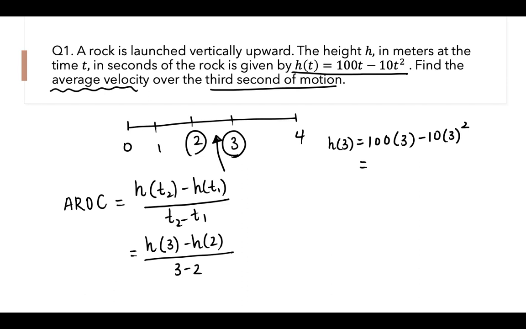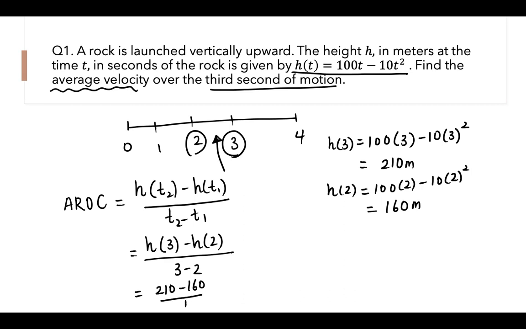When you simplify, it will give you 210 meters. The height at 2 seconds will be 100 times 2 minus 10 times 2 squared, and that will give me 160 meters. So it's going to be 210 minus 160 over 1, which in turn is 50. Don't forget the unit, it's going to be meters per second.